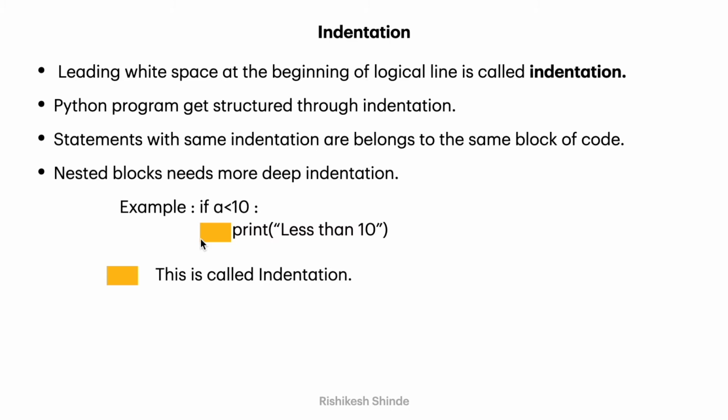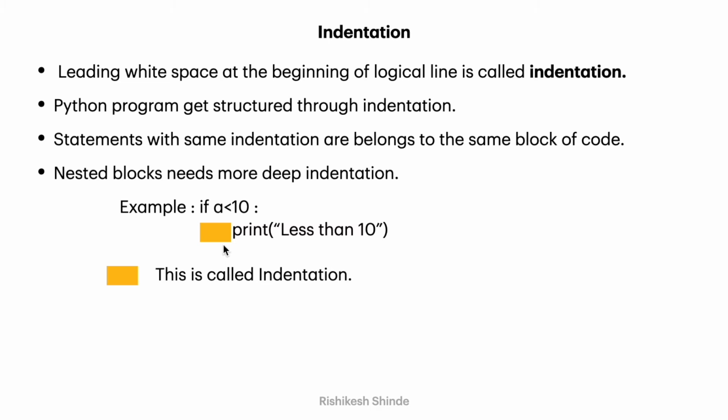Statements with the same indentation belong to the same block of code. This is very important. If we write a simple program with zero indentation, that code comes under the same block. But if we give a one space indentation, then that code goes under a separate block.